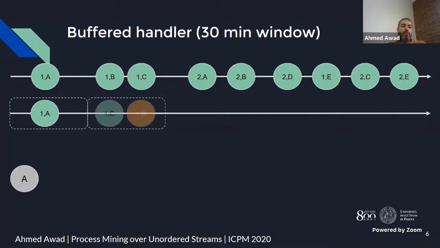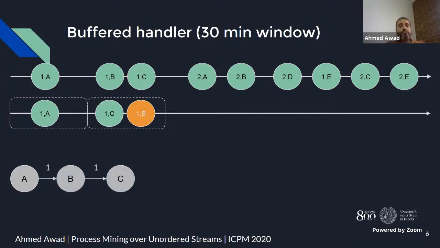Within the next window, B arrives out of order but still within the same window, so we are able to reorder things and still compute a correct DFG. Continuing, A for case 2 arrives out of order, but we are still able to handle it, and we update the weights of the graph and so on.